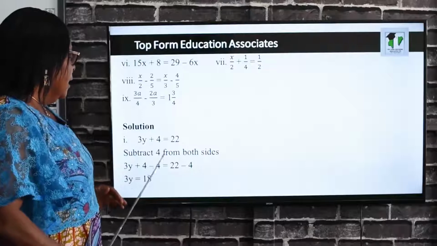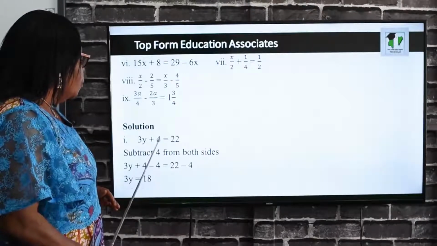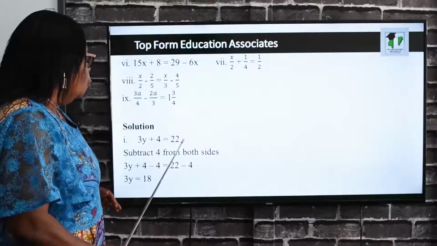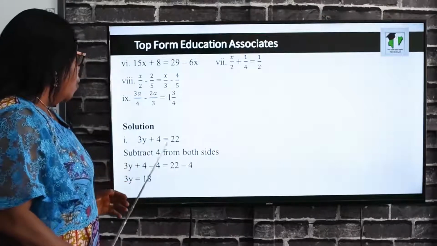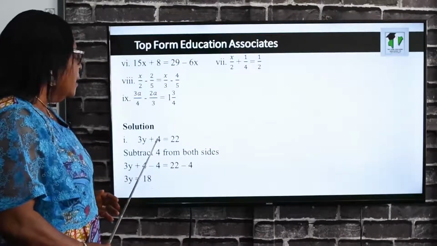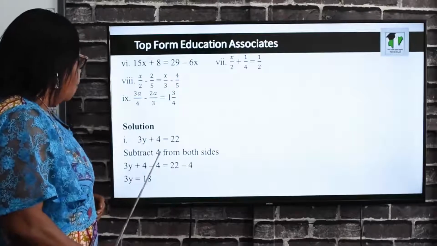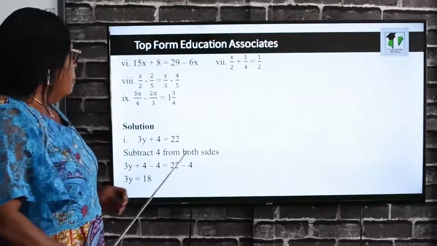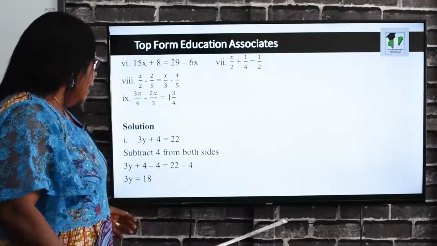So using the balance method, for me to take plus 4 to 22 to collect them as like terms, I will subtract 4 from both sides. Remember, whatever you do to one side, you do to the other side.